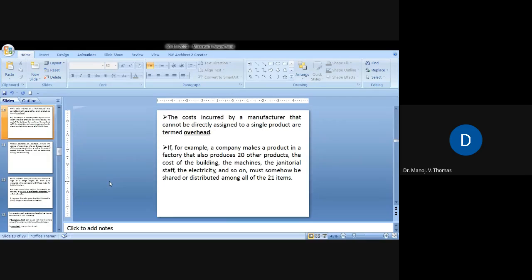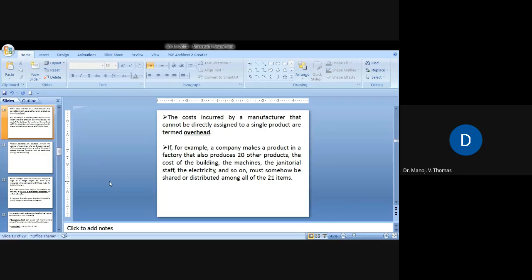Say, for example, a company makes a product in a factory that also produces 20 other products, because this is not the only product that the company manufactures. A company may manufacture mobile phones, watches, computers, laptops, many things. The cost of the building is the same, some of the machines are the same, the janitorial and cleaning staff are the same, and the electricity consumed is the same.